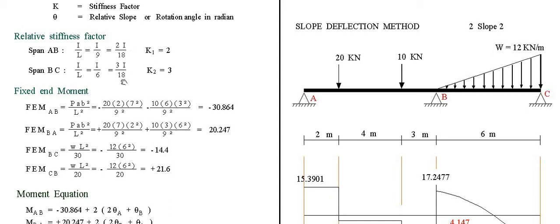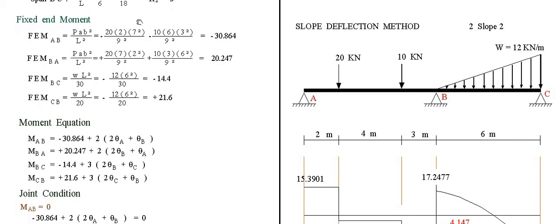Here 18 divided by 6 is 3 times I equals 3. 2 over 18 is also 1 over 9. Just simplify this. 3 over 18 is 1/6, and so K is 2 here. K here is 3. Stiffness factor, relative.